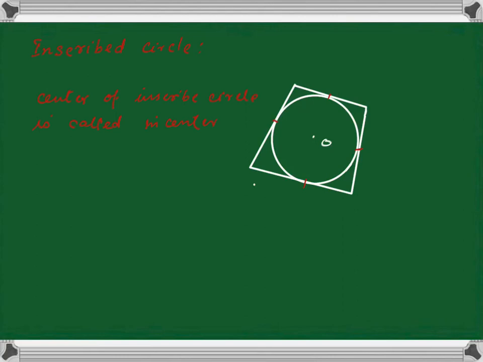So this center O is called the incenter. Fine, and this polygon A, B, C, D is called the circumscribed polygon.